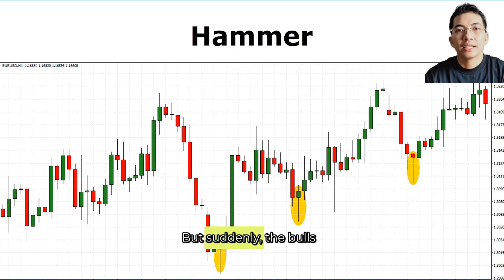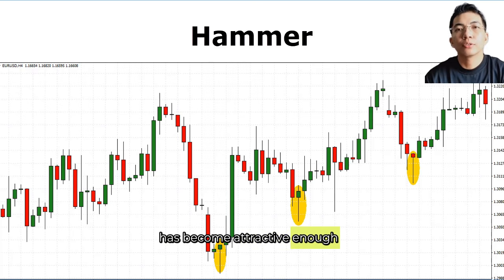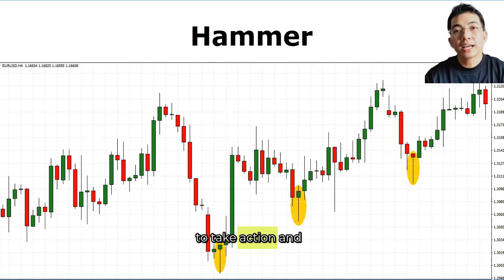But suddenly the bulls appear and they have the power to push the price back near the opening of the session. This means that after many sessions dominated by the sellers, the price has become attractive enough to convince the buyers to take action and buy.